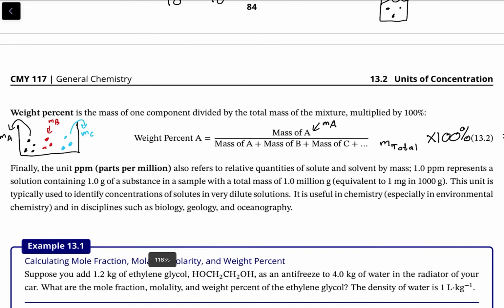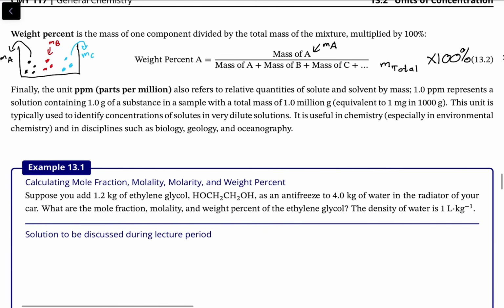The final concentration unit, one that you might not have come across yet, is parts per million, and it refers to the relative quantities of your solute and your solvent. So it will always refer to 2 things, and it may be a bit difficult to grasp.